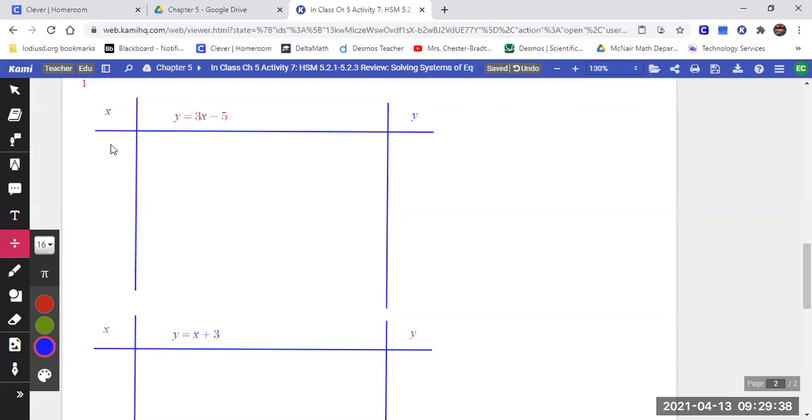What are the numbers we use if we don't have fractions? We've done several tables. We should know what numbers we use every time.